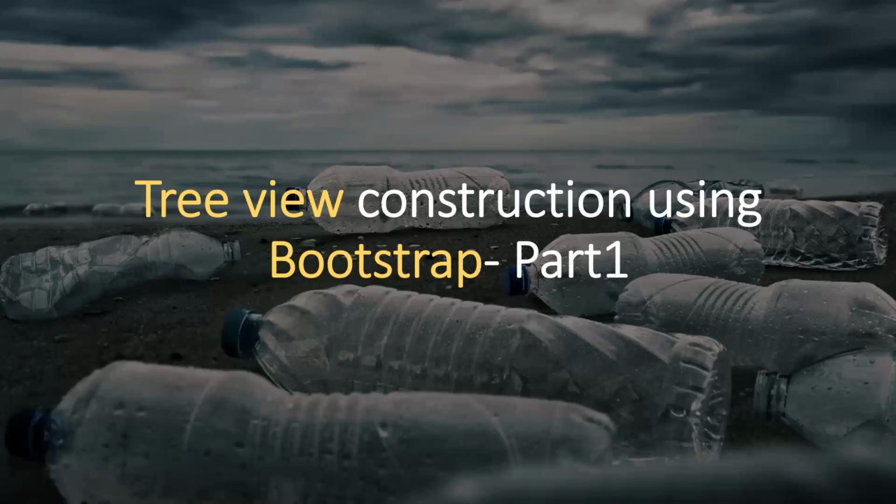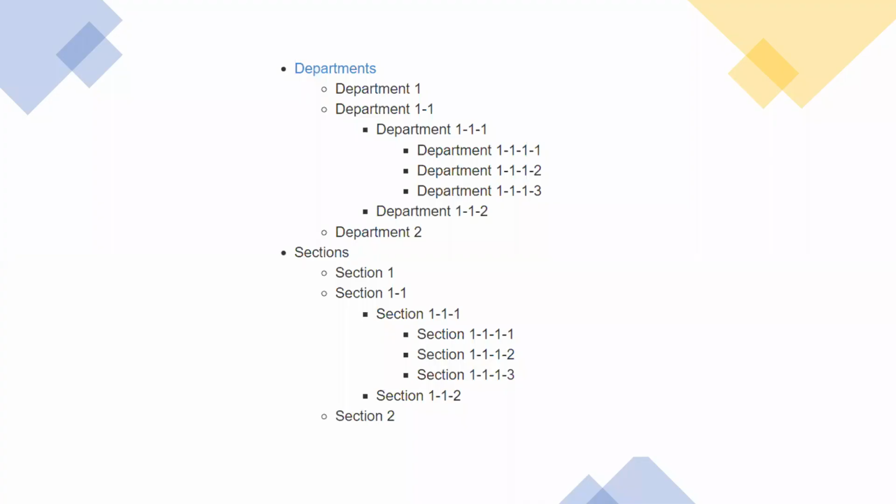Okay. I just wanted to showcase the skeleton of the demo I'm going to explain. This is the demo. I wanted to construct departments and sections. I have departments and sections; under departments I have department one and department two, and sections also have section one and section two.